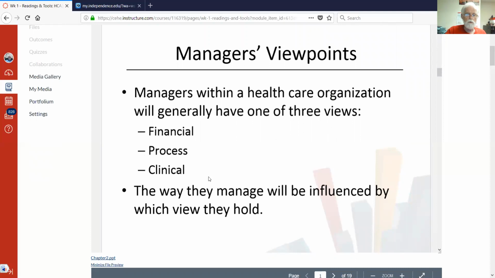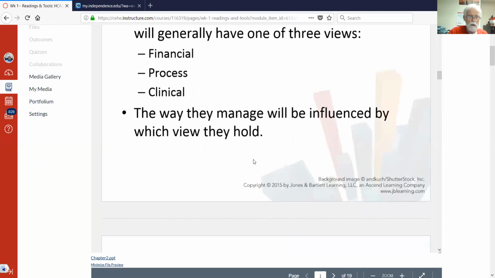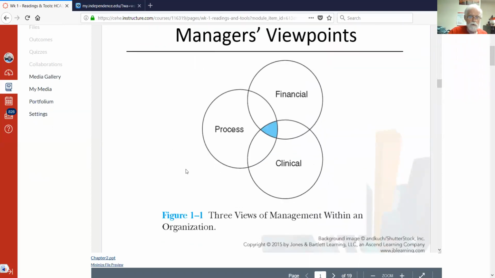You may want to read what they say in the chapters about such things as the three views: the financial view, the process view, and the clinical view. There is some information. This is there. They're all part of the management.